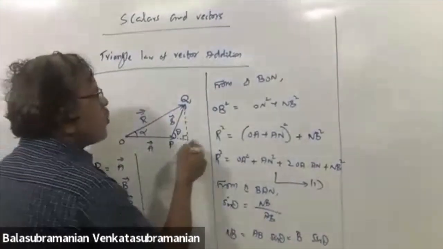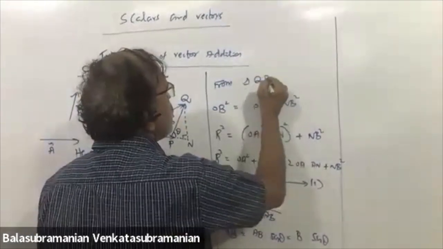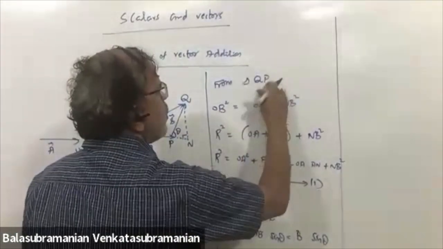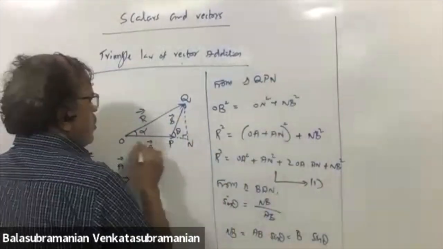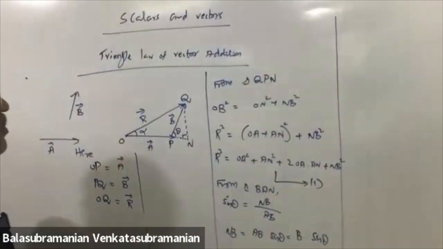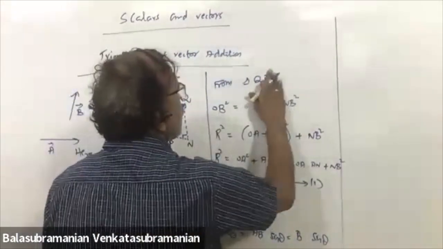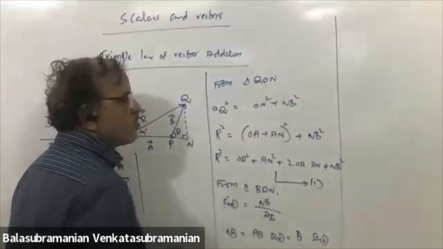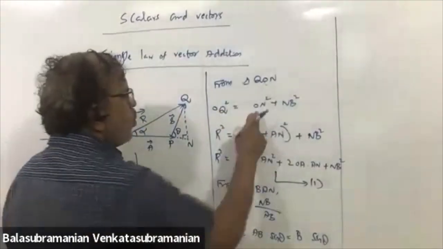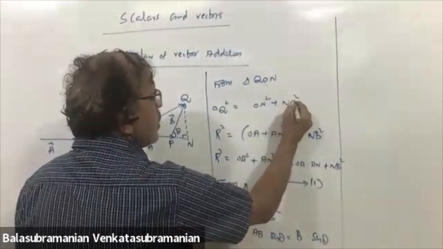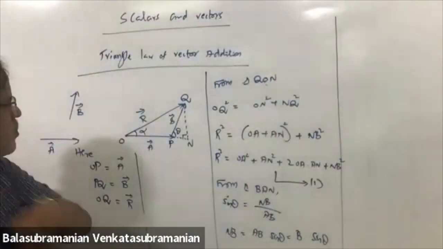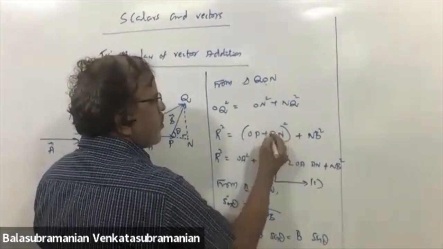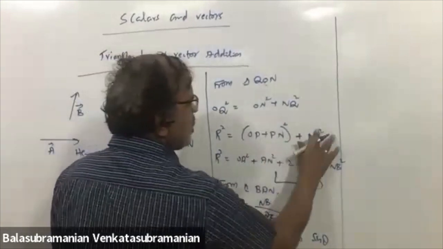So from triangle QON, OQ square is equal to ON square plus NQ square. OP plus PN plus NQ square.